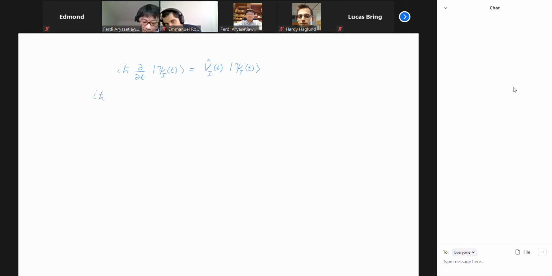We want to figure out this coefficient. That's the goal. So I have to insert a sum over states, call it m now, which is independent of time, so we can put it to the left of the derivative with respect to time. We do the same on the right-hand side.